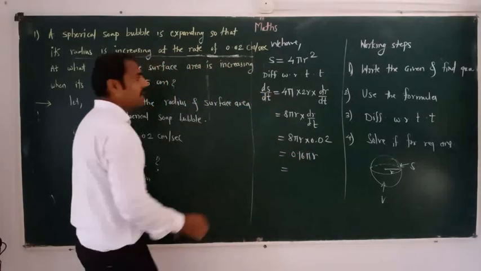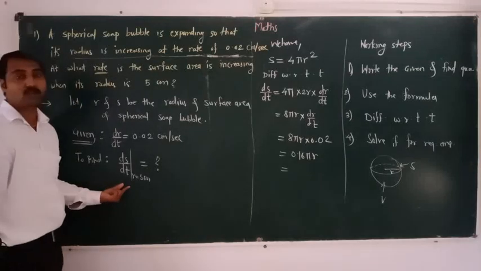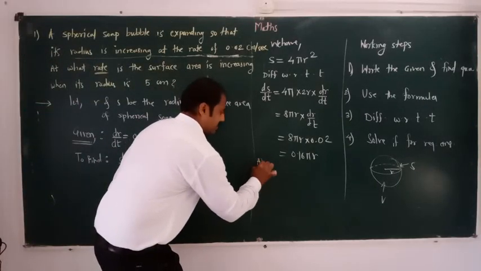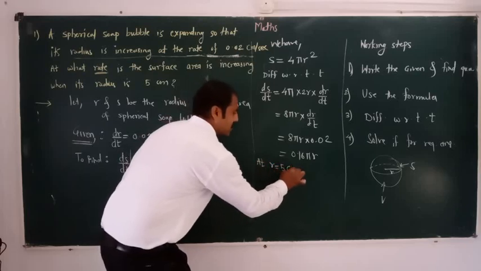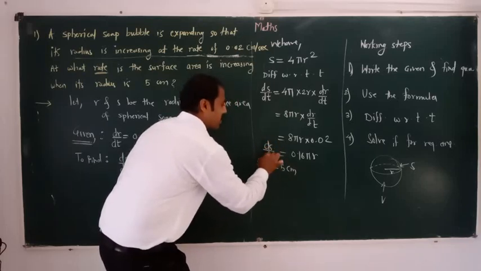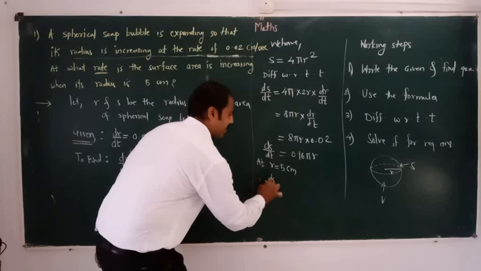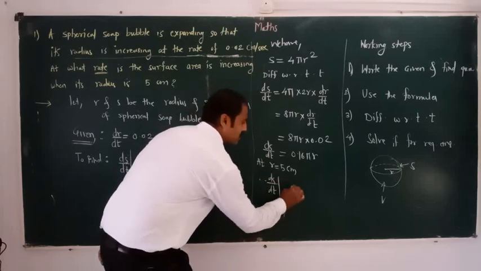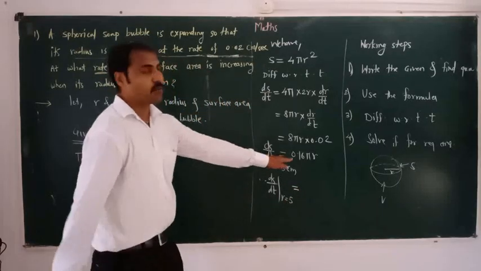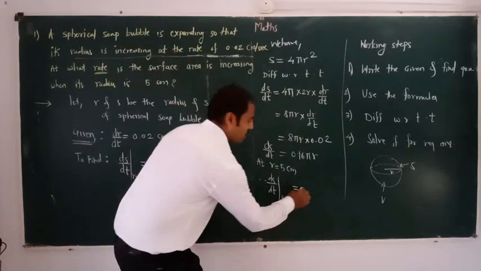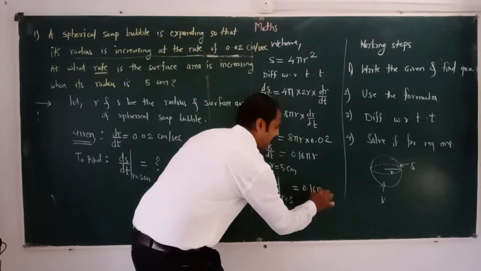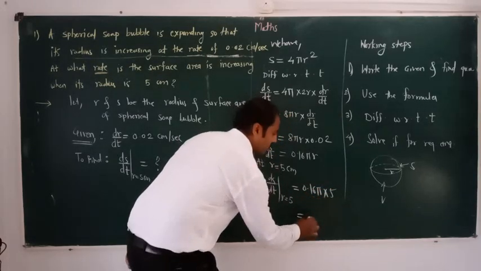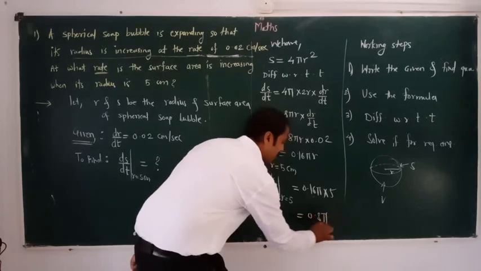But we have to find ds by dt when r is equal to 5 cm. Put value of r is 5: 0.16 pi into 5, 0.16 into 5 is 0.8 pi.